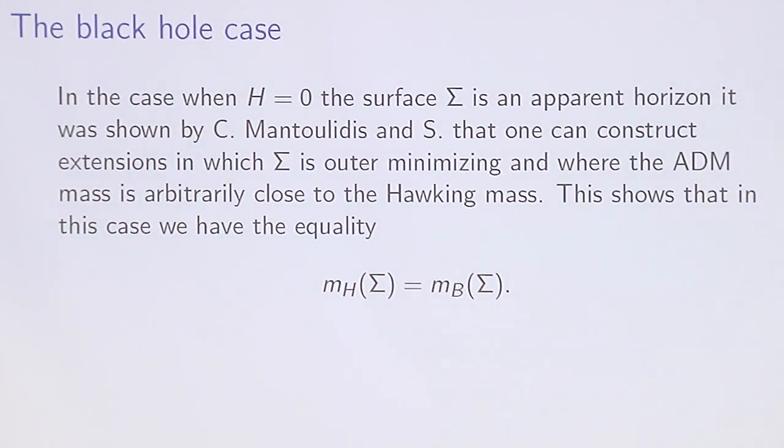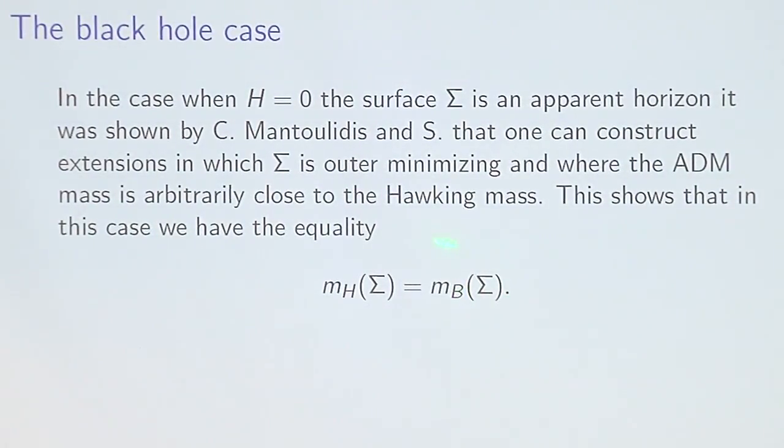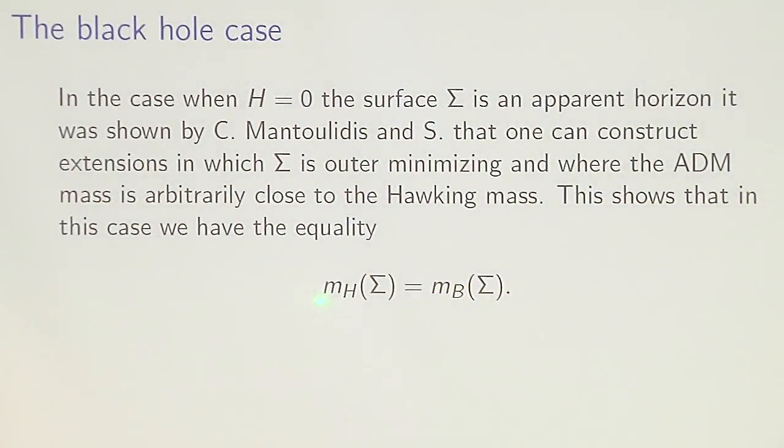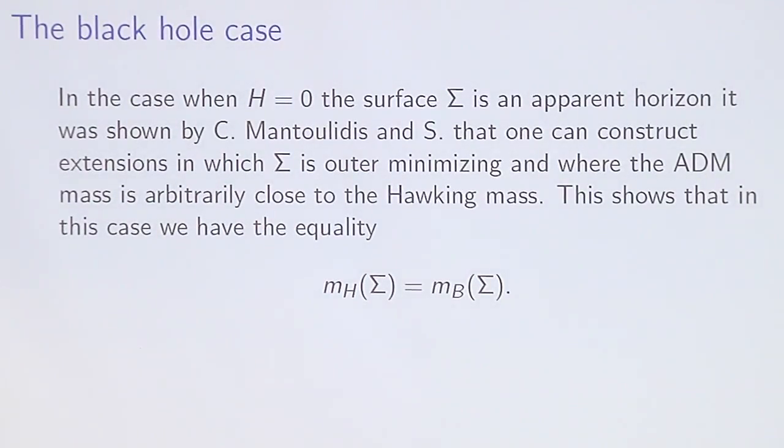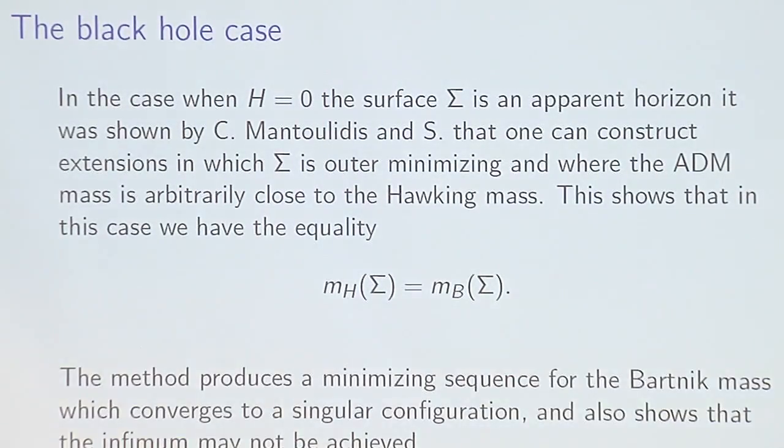So in other words, we showed that the lower bound of Huisken-Ilmanen in the limit is actually an equality. So in particular, if you take the infimum of the masses of the extensions, you get exactly the Hawking mass. The Hawking mass in this case is just the square root of the area over 16 pi. So it depends only on the area of the surface.